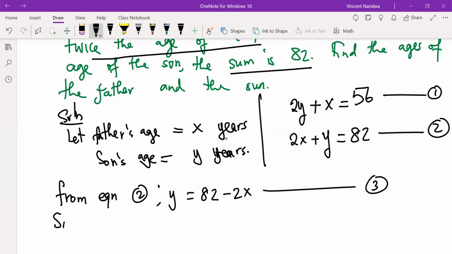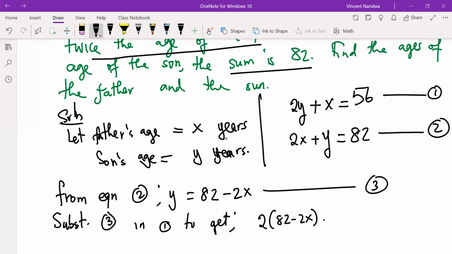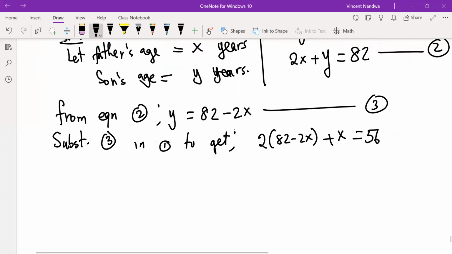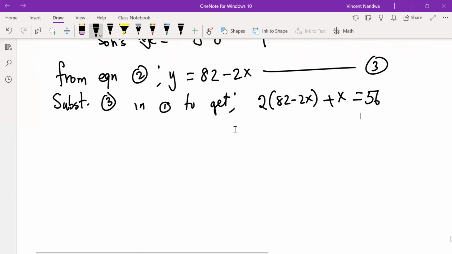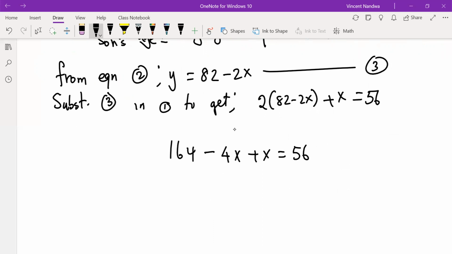Then substitute 3 in 1 to get. So where there is Y, put 82 minus 2X in 1. So I'll have 2 into 82 minus 2X plus X should give us 56. Twice 82 gives 164 minus 4X plus X equals to 56.